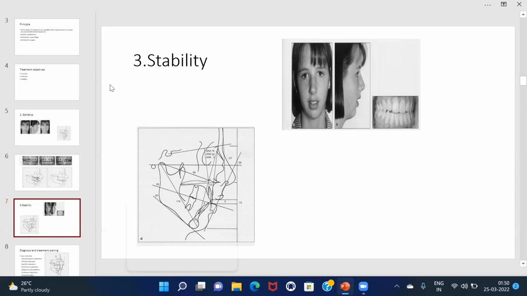Her frontal and profile views revealed a convex profile, maxillary vertical excess, and mandibular anteroposterior deficiency, while she had a class 2 anterior open bite malocclusion. The skeletal, soft tissue, and dental relationships are evident in this figure.